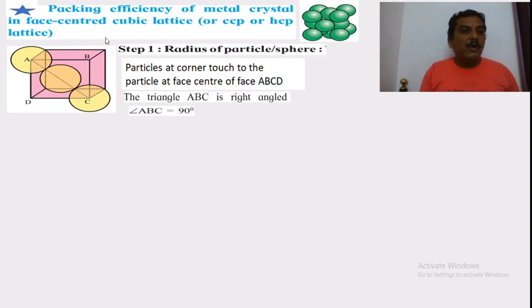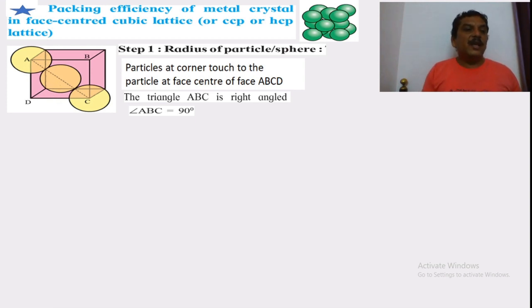For that we have a triangle ABC in which angle ABC is 90 degrees, and hence AC square is equal to AB square plus BC square. If we see the diagram, the atoms present at the corner touch the particle present at the center of the face.